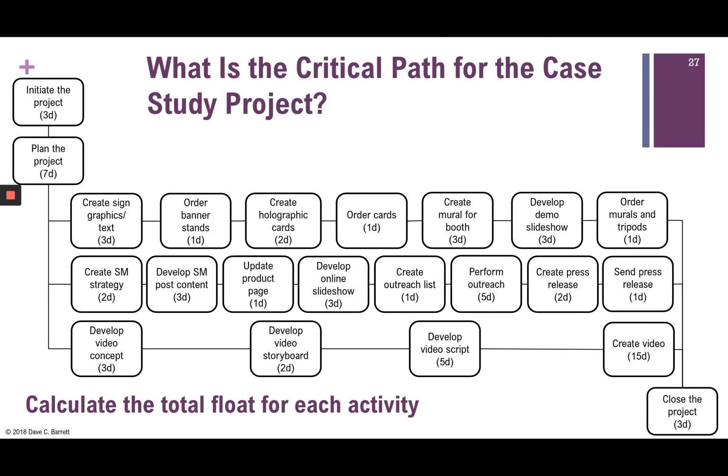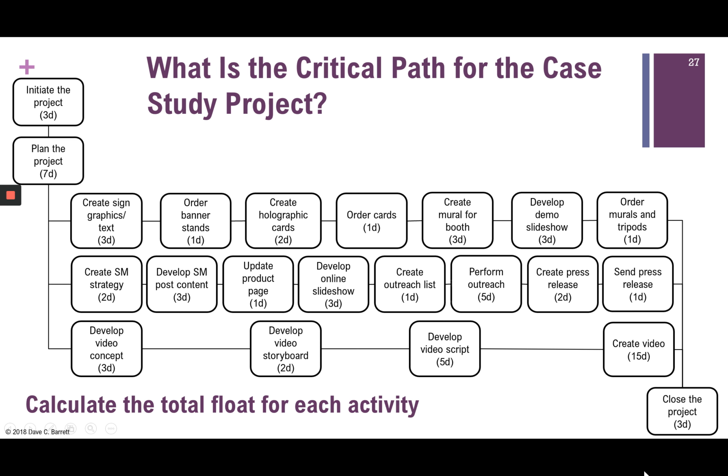Now here's a more difficult question: what is the critical path for the case study project? This is a trickier one. I really recommend you check your textbook, pages 64, 65. If you go through the math, you'll realize there are 3 paths through this network.